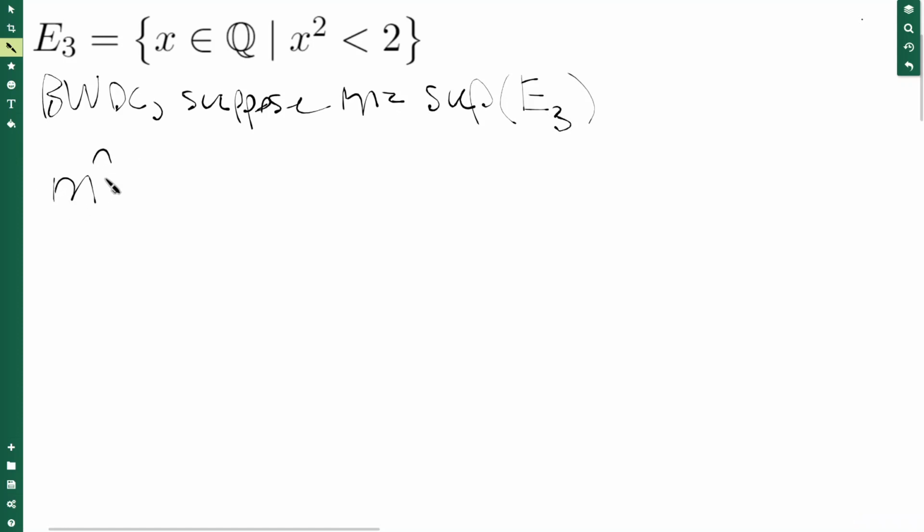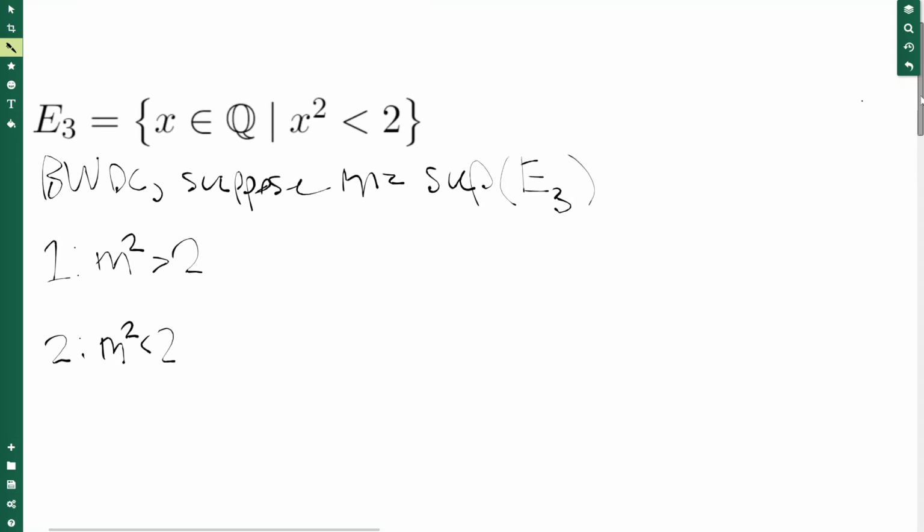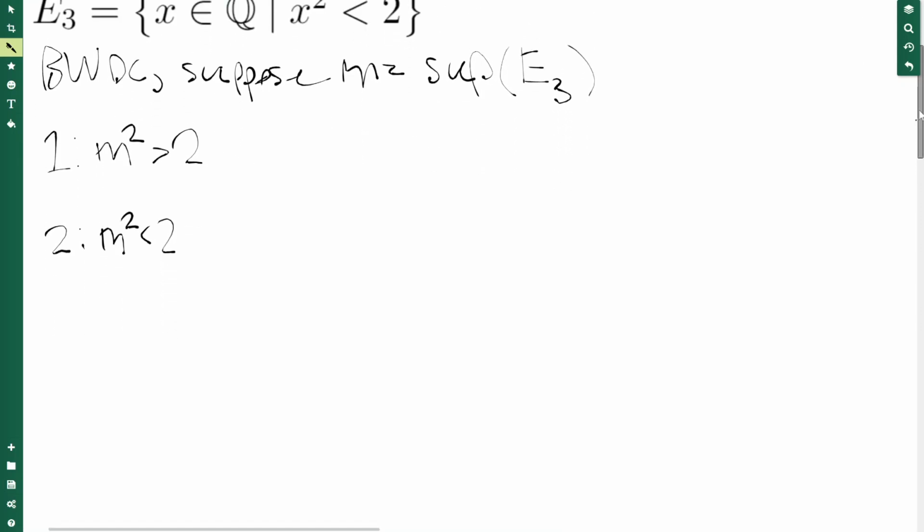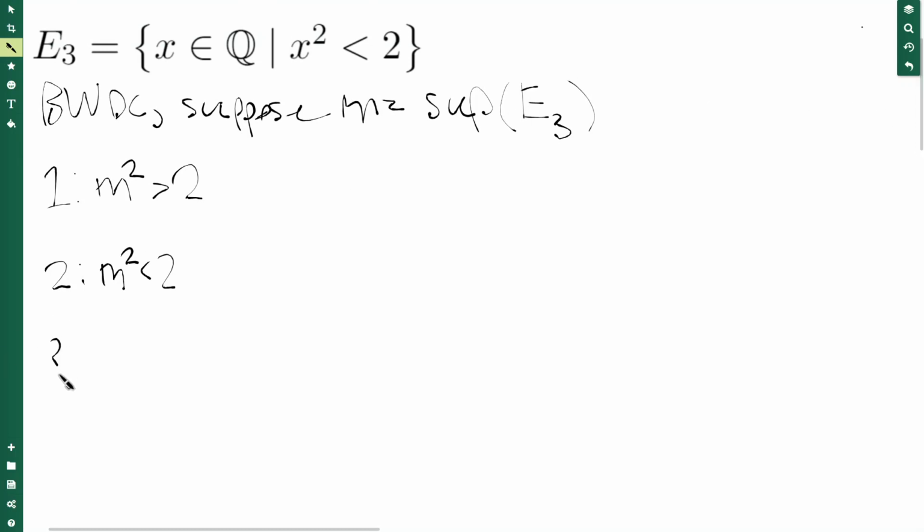First, we're going to consider m squared is greater than 2. And second, we're going to consider m squared is less than 2, meaning m is actually in our set, which is possible. We saw that if there is a maximum of a set, then that is actually the supremum. Note that the maximum is in the set, as we talked about.